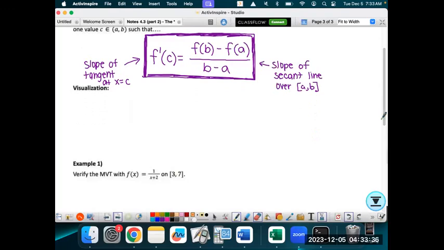So if these two lines have the same slope, what's their relationship? Lines that have the same slope are parallel. So I'll expect a tangent line and a secant line to be parallel.